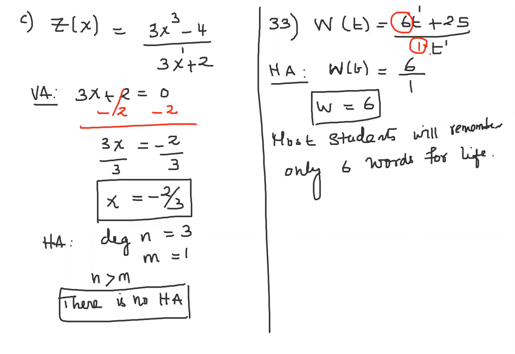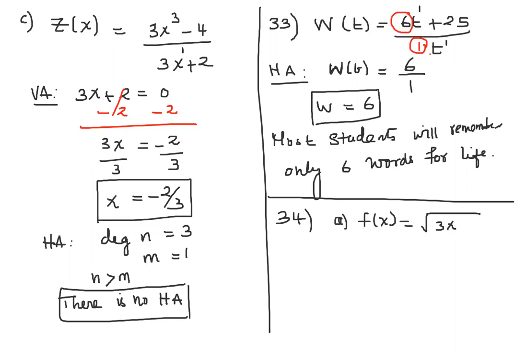Okay, so that is number 33. Okay, so number 34, we are given functions. We have to find the domain. So the first one, f of x, the best way to find the domain is you can put it on your calculator and you can see.